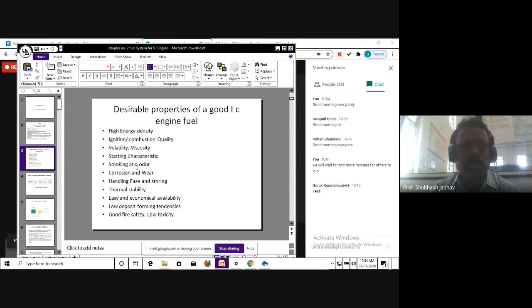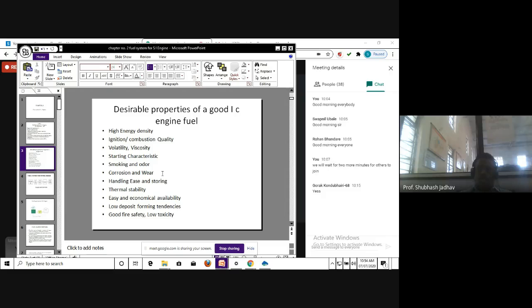Then we have corrosion and wear. Here we are talking of the corrosive properties of the fuel. It should not happen that we have a fuel system and after 1 or 2 months or 6 months, all the internal parts of the fuel system are corroded due to the fuel itself.